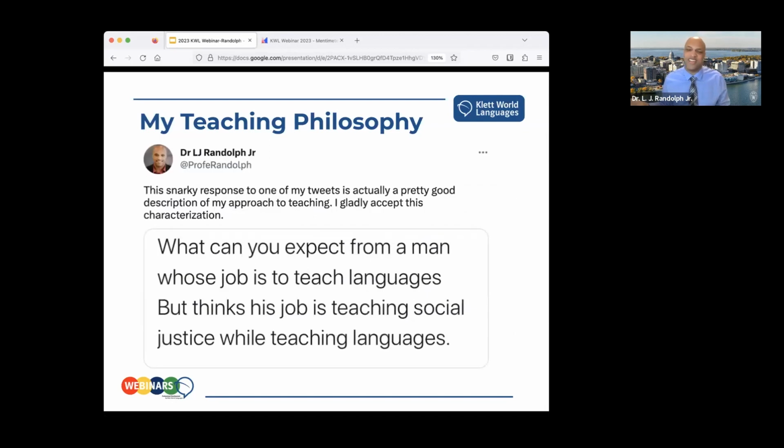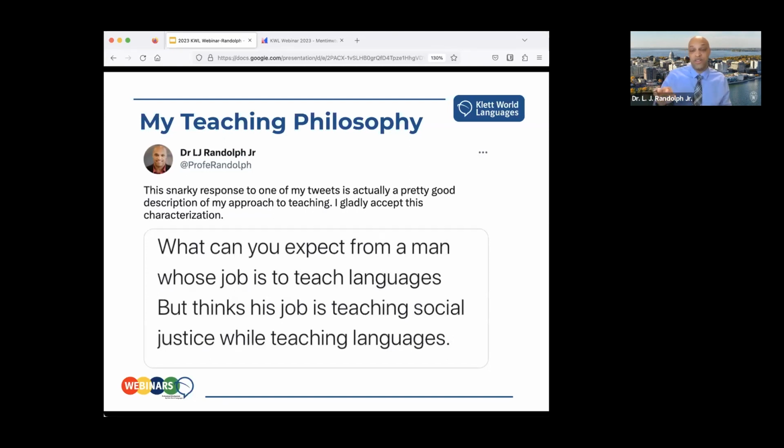That's a really good characterization of how I view my work in language education and how I view my role as an educator. And so even though they meant that to be like a gotcha snarky comment, I actually embrace that identity. I openly embrace the possibilities of social justice in the language classroom.